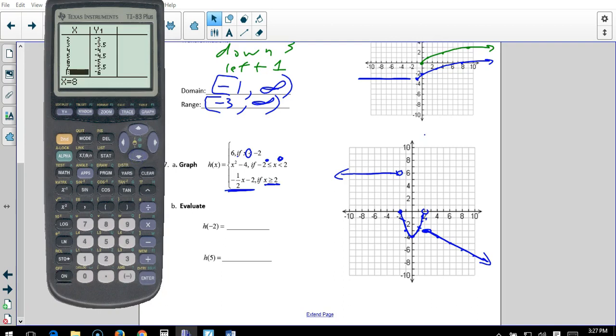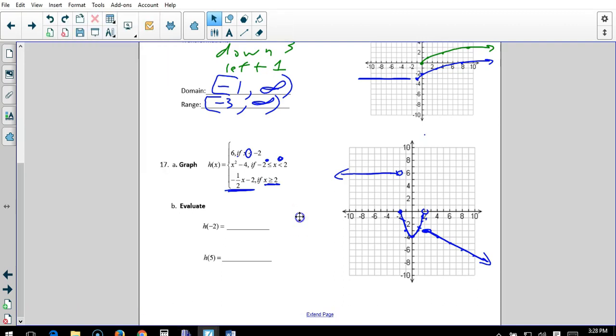And there we go. And I can put points at negative 2, negative 3. Positive 2, negative 3, 4, negative 4, 6, negative 5, and so forth. I can use decimals if I want, but that's just easier. And there is my piecewise graph. Well, I use the calculator or the long way.